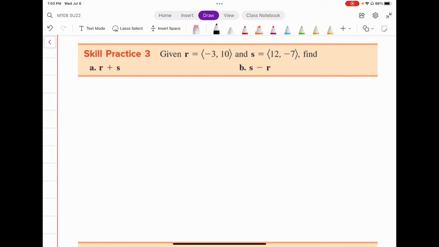I'm given two vectors in component form, and I want to find their sum and difference. If we have vectors defined as a1, b1 in component form for vector v, and a2, b2 in component form for vector w, then their sum is given by adding components a1 and a2 and adding components b1 and b2.